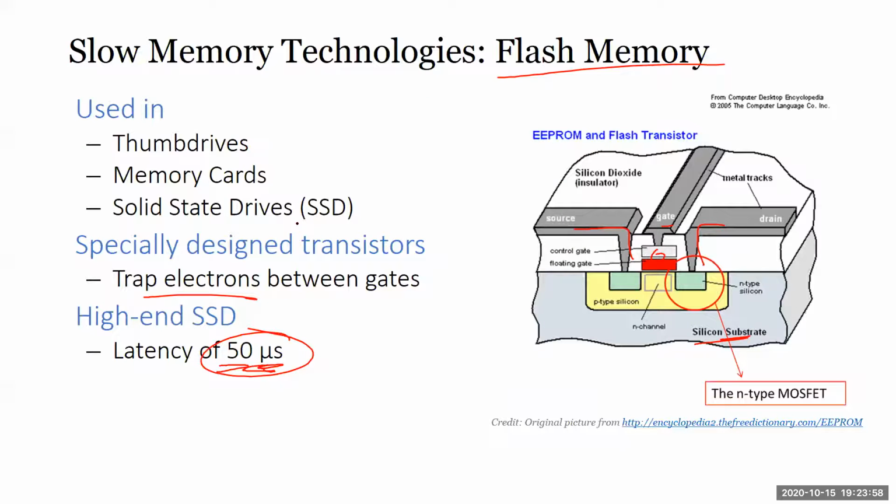The thing about SSD, there's this other limiting factor, which is that each component has only a limited number of writes. It has to do with this trapping of electrons between the gates. After a while, there'll be some degradation, even though it's not mechanical. You move electrons in and out, in and out.